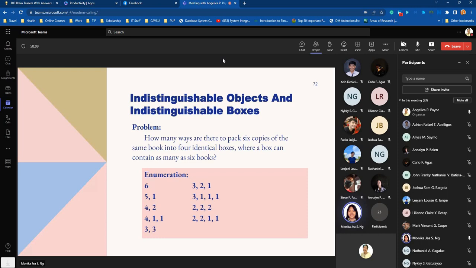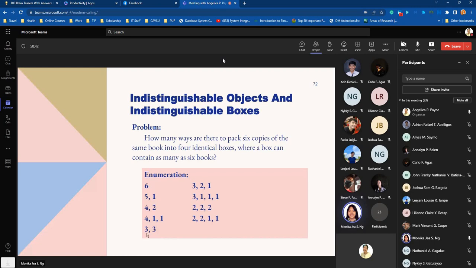So it could be all 6 books are in one box, or 5 books are in one box, then only 1 book in another box. We could have 4 books in one box, then 2 in another box. Or we could have 4 of them in one box, 1 book in another box, and 1 book in another box.